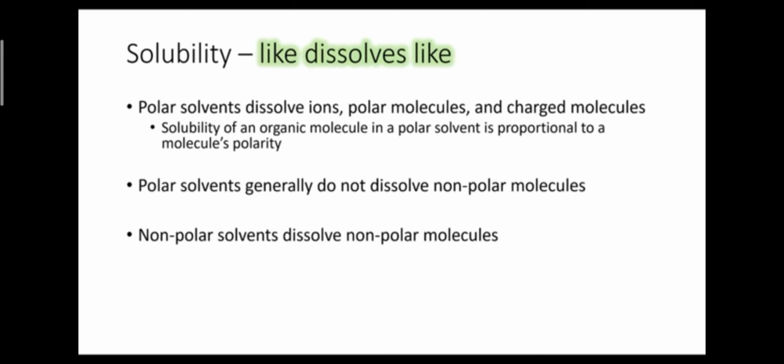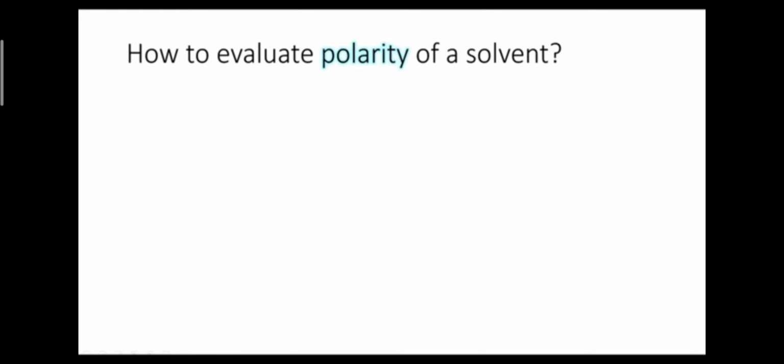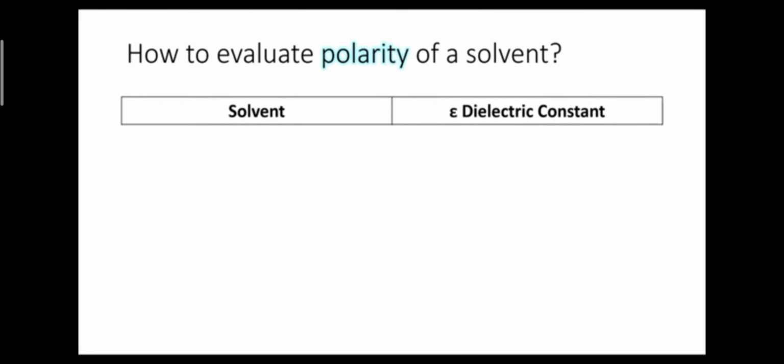Polar solvents generally do not dissolve nonpolar molecules very well. However, nonpolar solvents do dissolve nonpolar molecules, but nonpolar solvents do not dissolve ionic solids, and the more similar the structure of the solvent is to that of the solute, the better the solubility.